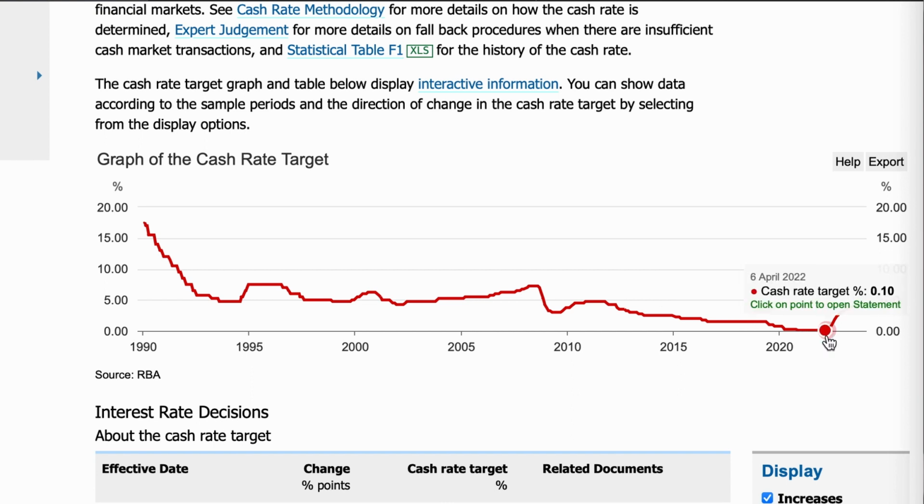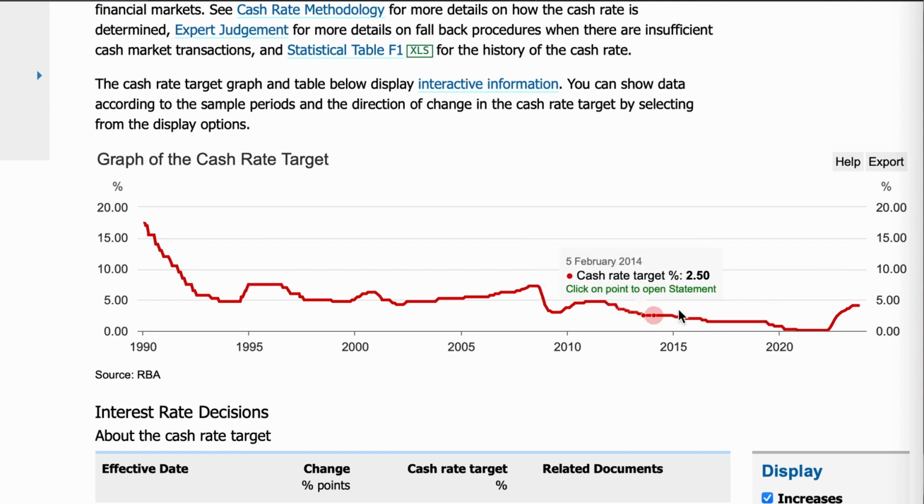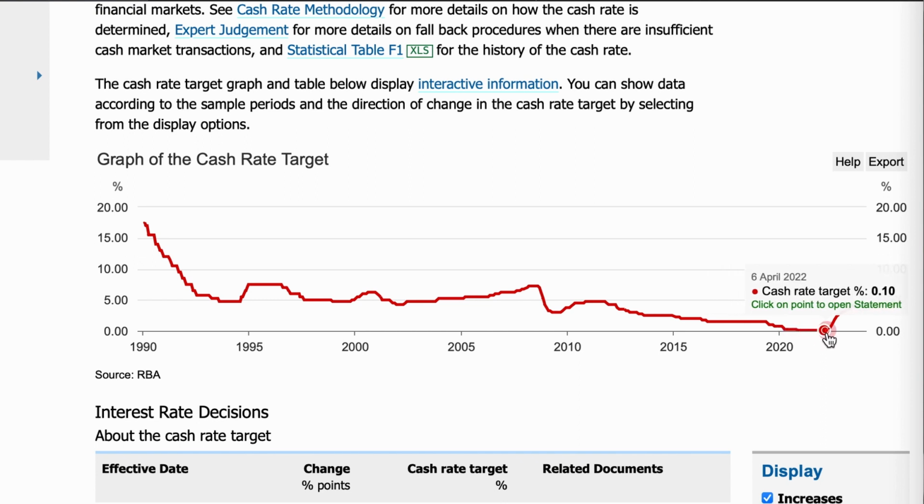3rd of June 2020, or you can even go to 5th of May 2021. It drops down from 4.75 to 0.10%. So from the start of 2020 till June 2022, we've seen the cash rate pretty much on or below zero.